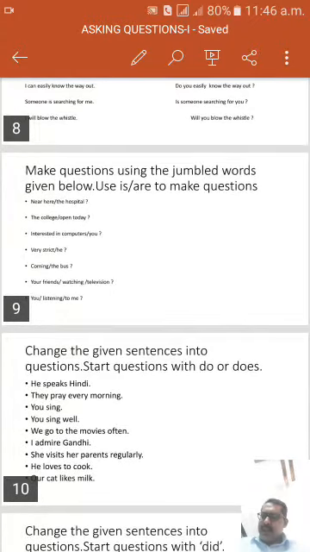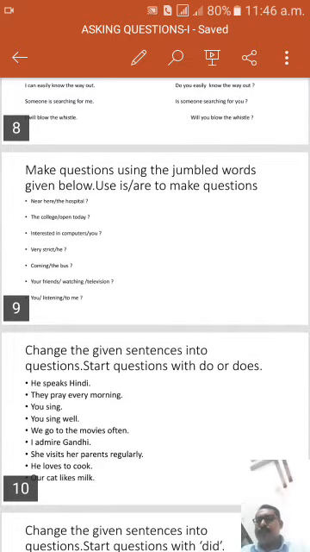So let us see. Near here the hospital. Is there the hospital near here? The college open today.